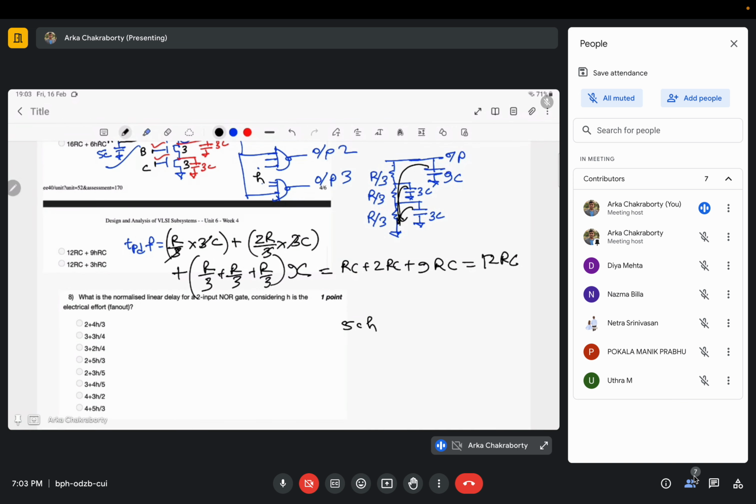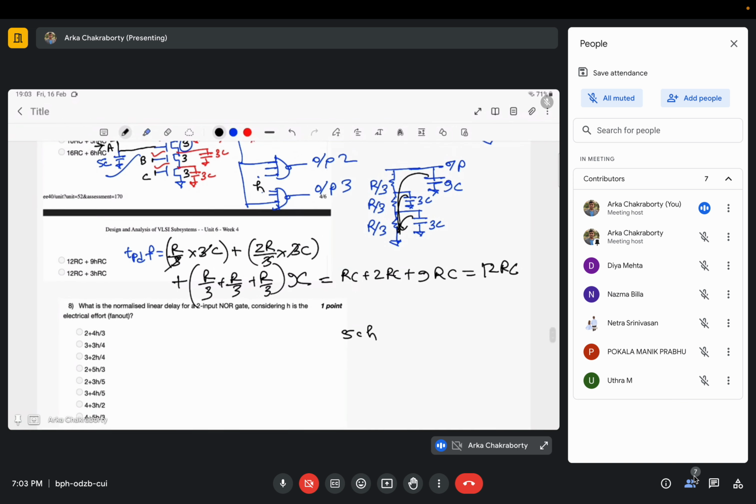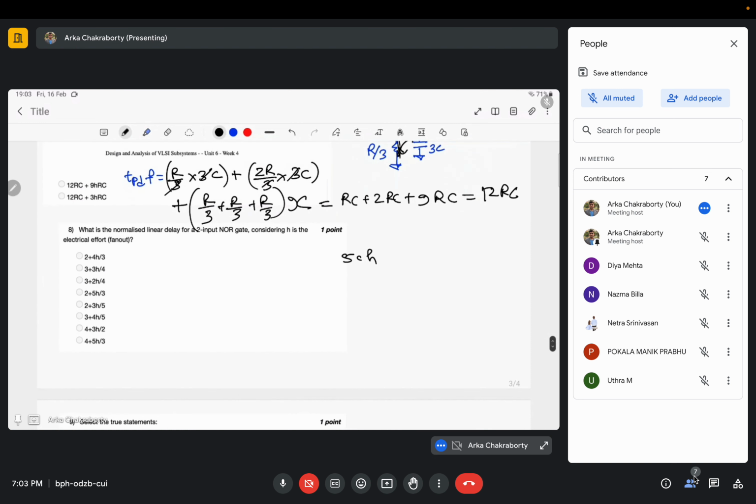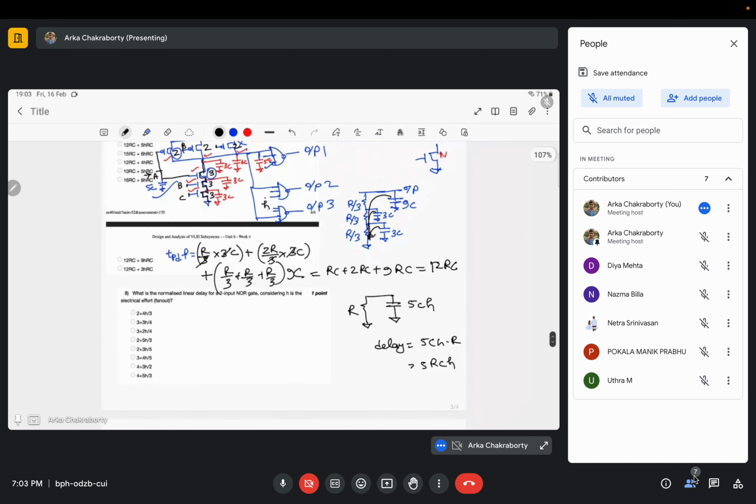And the resistance that it is seeing is still this path, that is R. So the circuit would become something like this. It would still be R, and this would be 5C into H. So its delay would become 5CH into R, it is 5RCH, correct?